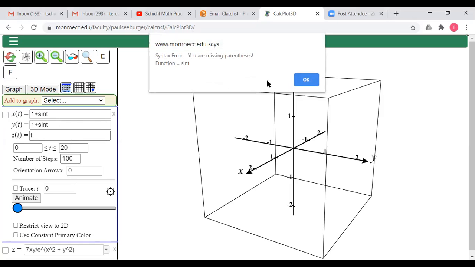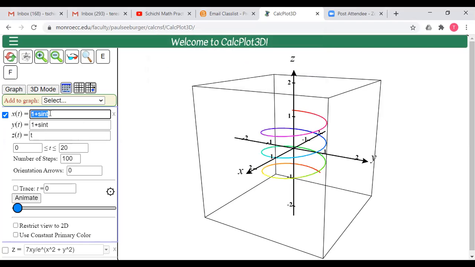Okay, so the sine t, let's say we missed the parentheses here, so the sine t, oops, sine t. And now let's graph again.